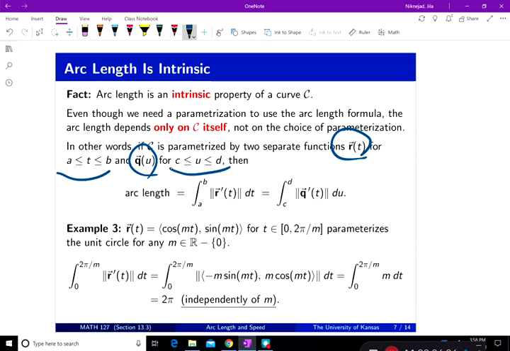Then the arc length calculated with the first parameterization, which is the integral from a to b of the magnitude of the derivative dt, is going to be the same as the arc length evaluated with the second parameterization. Again, one goes from a to b, one goes from c to d, but c and d give you the same pair of points in the parameterization with q that a and b give you in the parameterization with r.